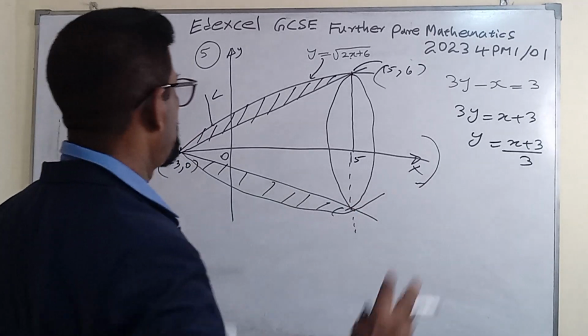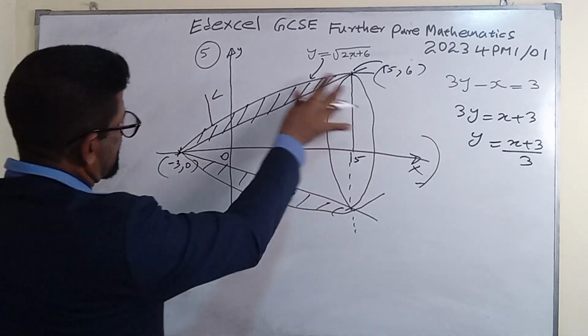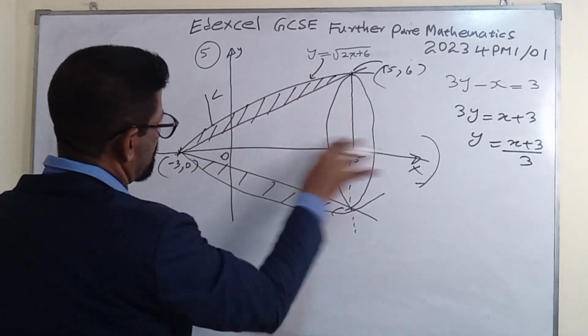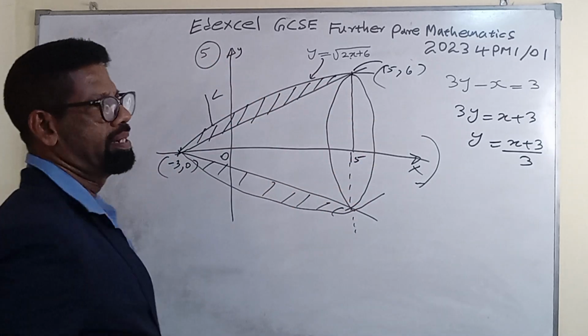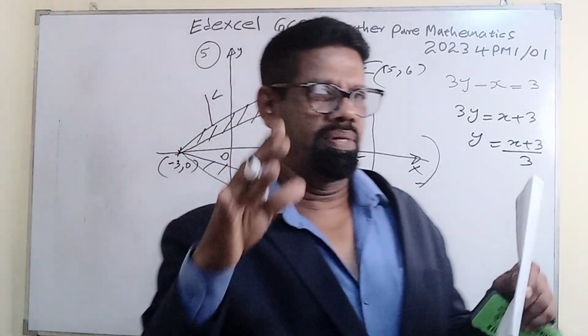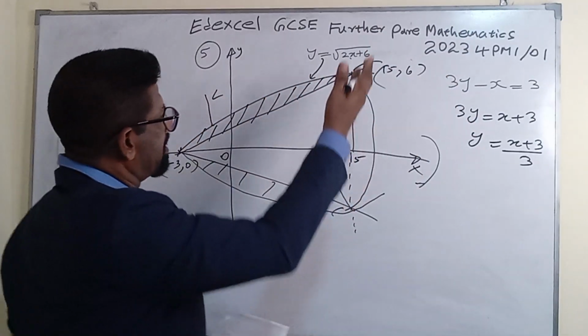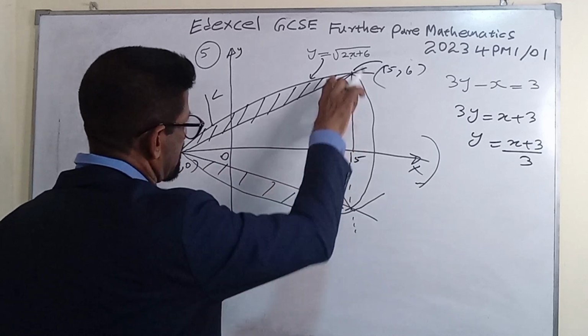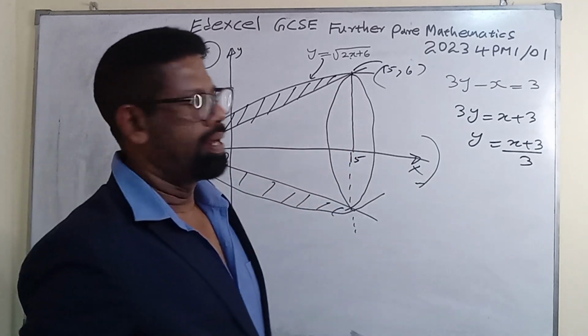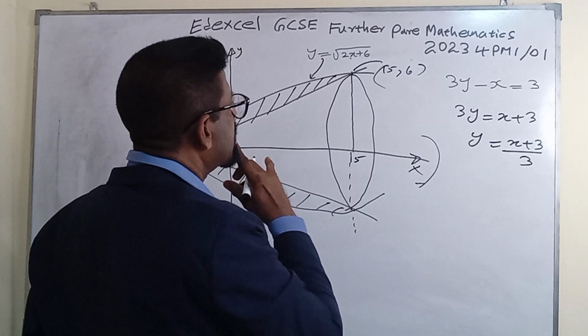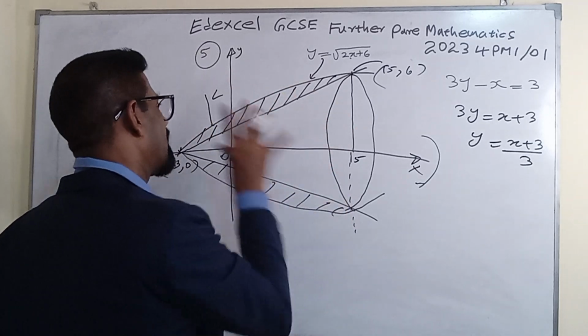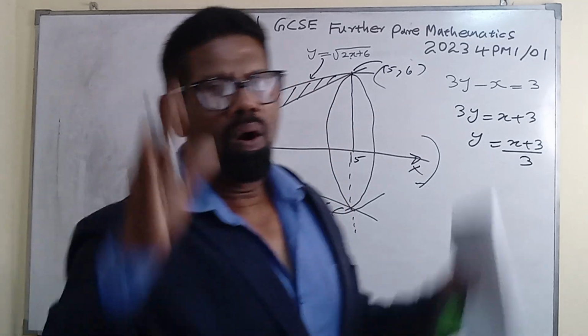We know actually there is one hemisphere, and inside there is one cone. Now the finite region means not the hemisphere, the ball shape, like the hemisphere shape, but the curve volume subtraction the cone volume.